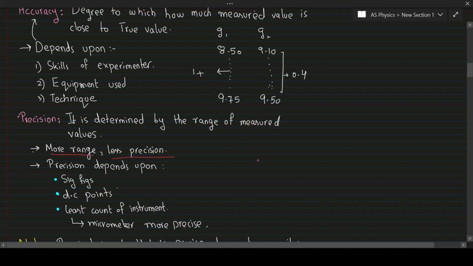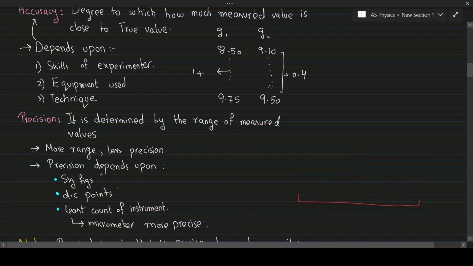If your highest value is 9.8 and your lowest value is 7.5, then it is precise. But if you get 9.8 and then you get 4.5, then this is imprecise because the range is very large.